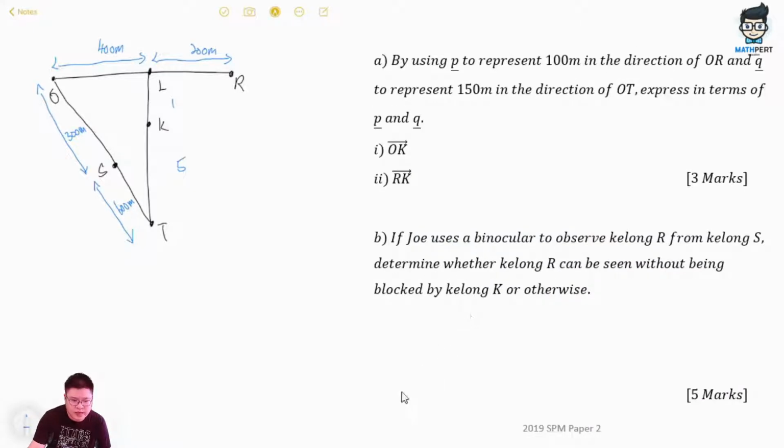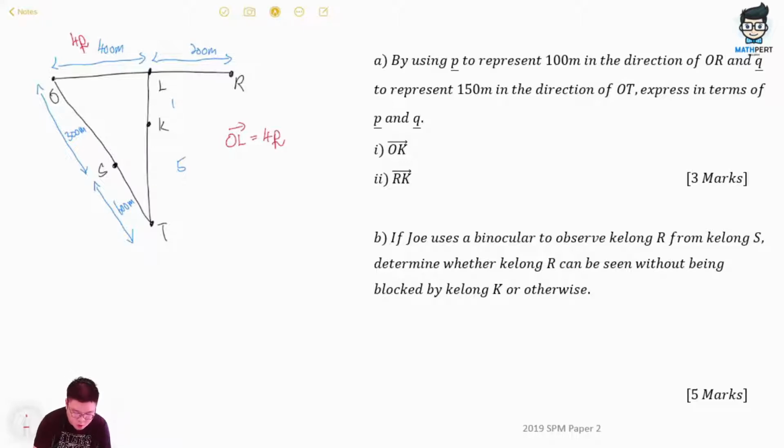Then we were asked to express in terms of P and Q. So we need to remove all the meters and put it as P and Q, right? By using P to represent 100 meters in the direction of OR, OL is 400 meters, so in the same direction it will be 4P.